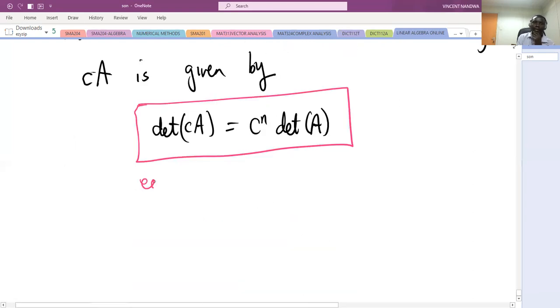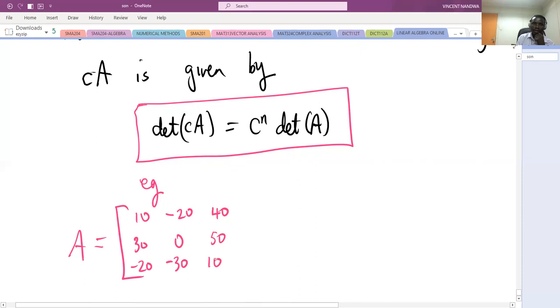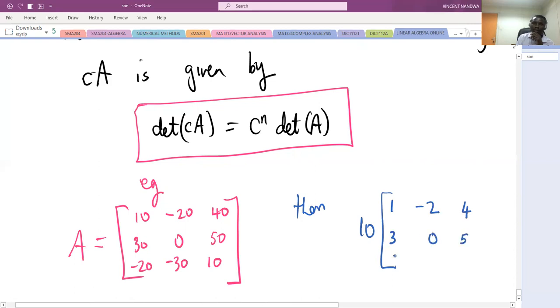So e.g., if I have A given by 10, minus 20, 40, 30, 0, 50, minus 20, minus 30, 10, then it's clear that this can be written as 10 times the matrix 1, minus 2, 4, 3, 0, 5, minus 2, minus 3, 1.